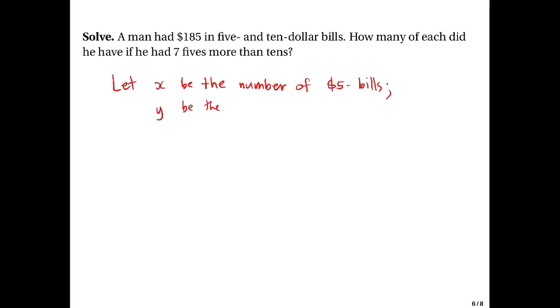So this is the number of $10 bills. According to this, the man had 7 fives more than tens.